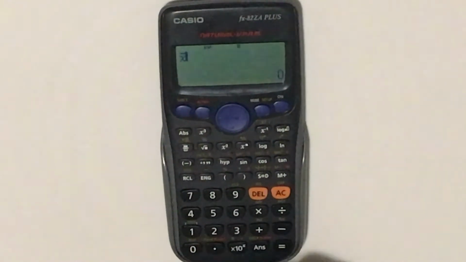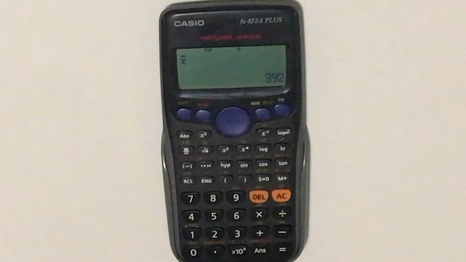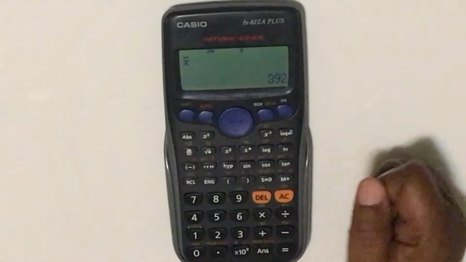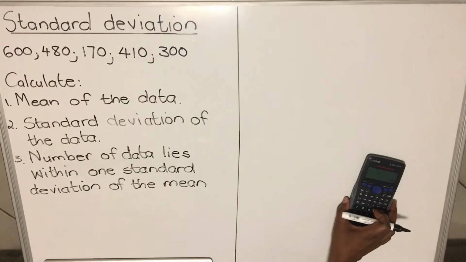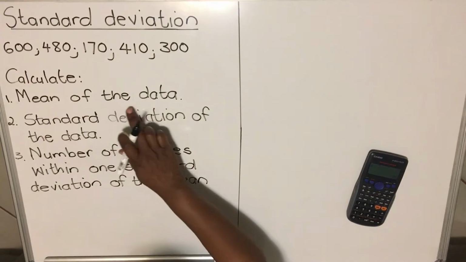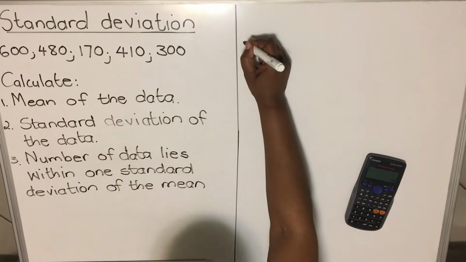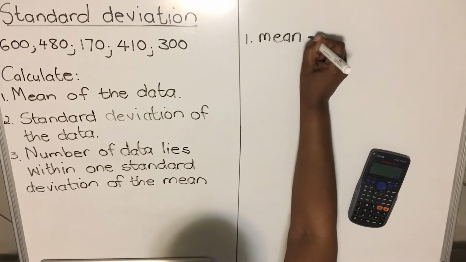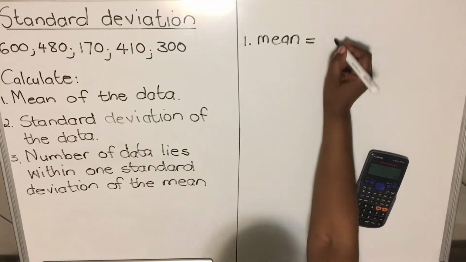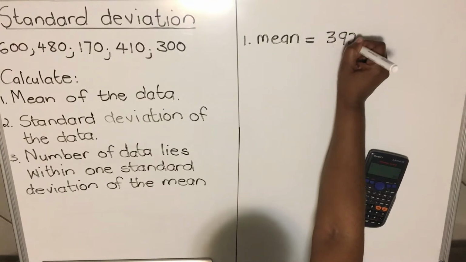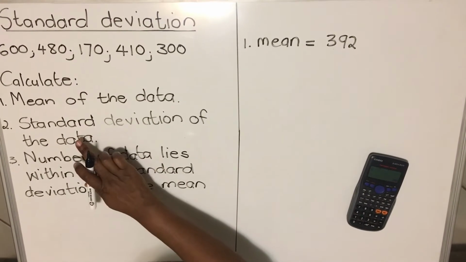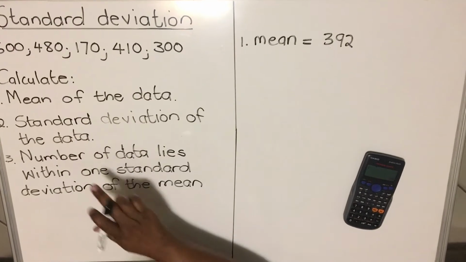So you go 2, you go equals to, and the mean for this data is 392. Right, our first question was calculate the mean of the data. So that's number 1, mean is equals to 392.